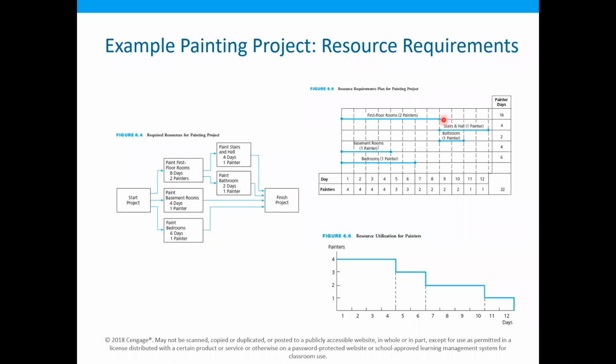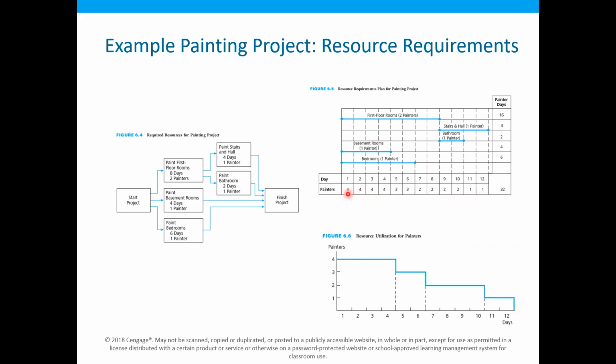And starting from day 9, the activity in the first floor rooms has been completed, and then we need resources on the stair hall and the bathroom. So 1 plus 1, 2, and then 2 and 2. And then for the last day, we need 1 and 1.